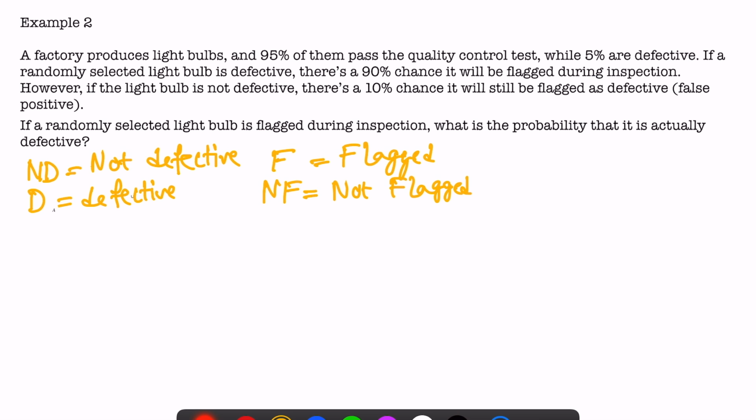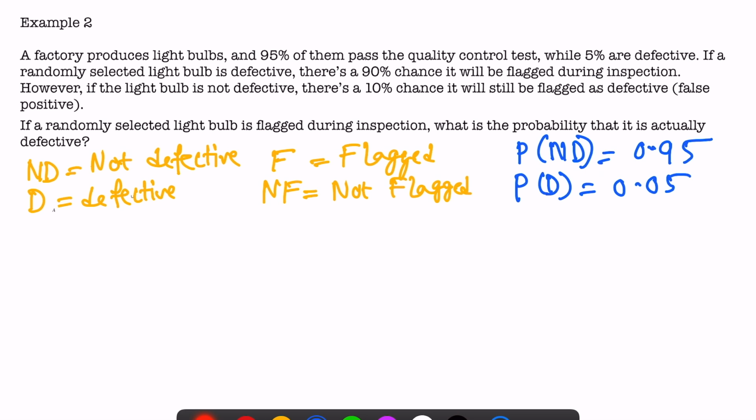What's the probability of not defective? Because 95% of them pass the quality control test because they are not defective. So that is 95% or 0.95. And probability of defective in that case will be 0.05.